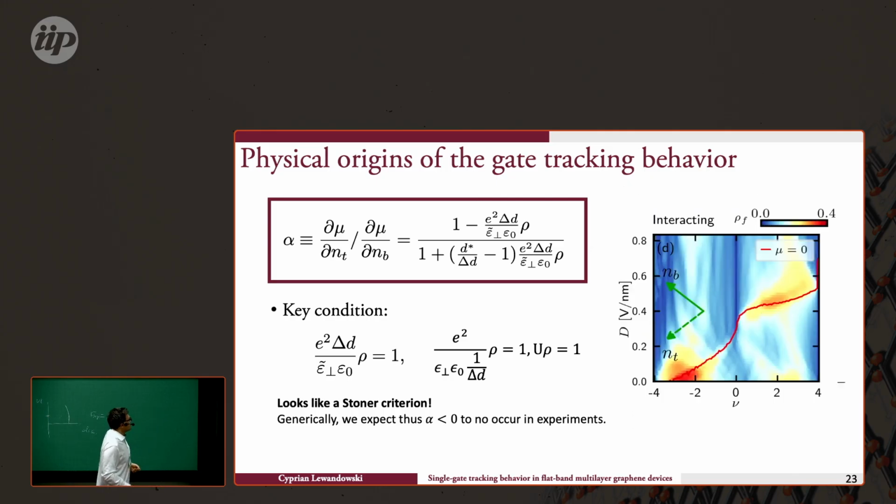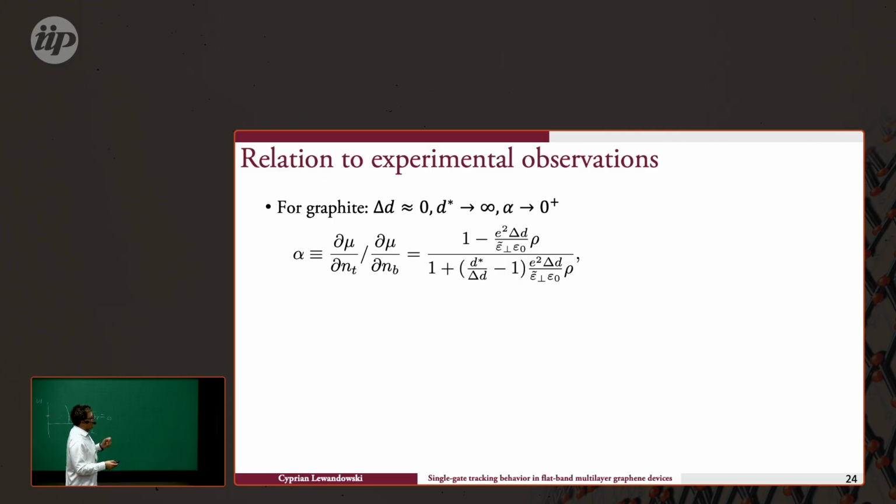Okay, so let me do a sanity check for graphite. My separation between the two charges on the layers goes to infinity. My E delta D is very tiny. My states are localized to a particular layer. So then you can show that your alpha is approaching 0 from the positive side.